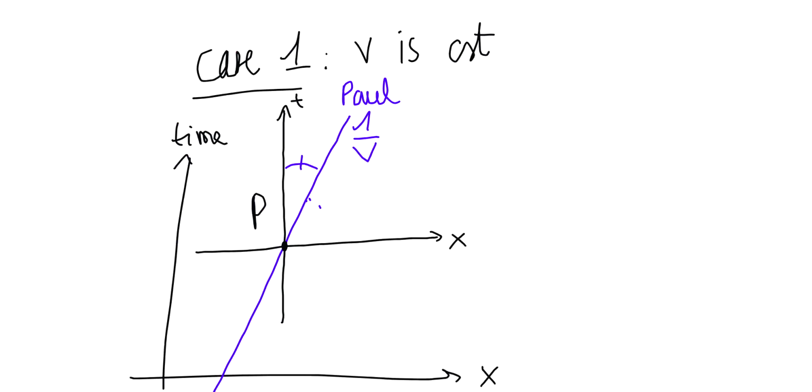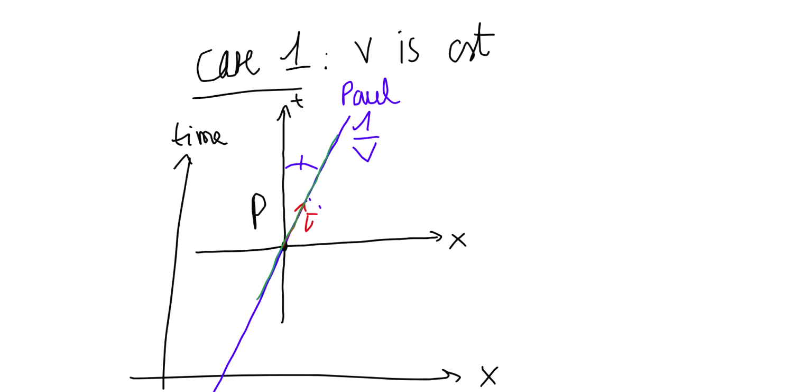So the flow of time is given by its unit tangent vector u, and I know that the unit tangent vector is always directed toward the future. So his proper time is going like this.